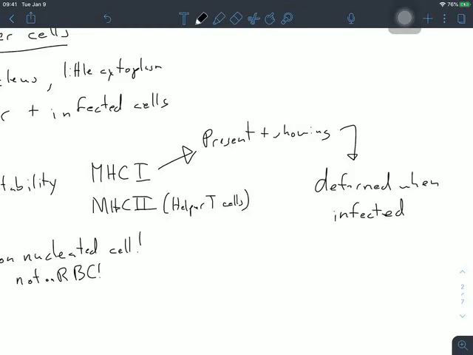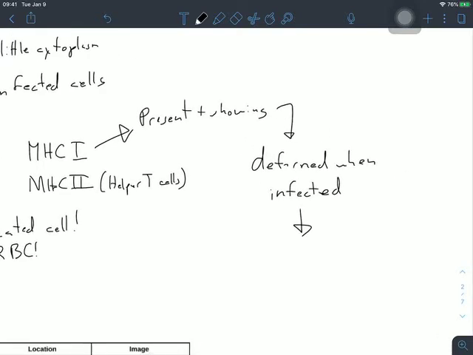And if the cell is deformed, your natural killer cells will produce two different types of proteins. Perforin, which, as it sounds, perforates and makes holes. So if the cell is sick, you're going to make giant holes in it.